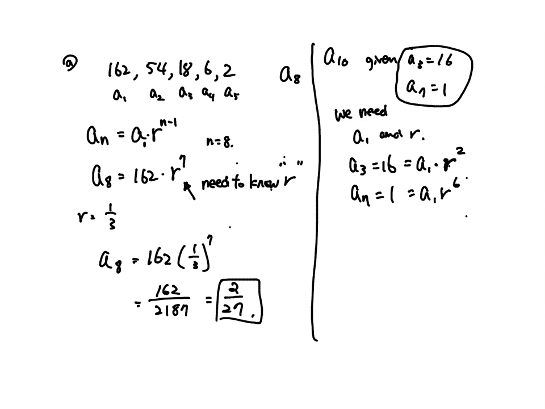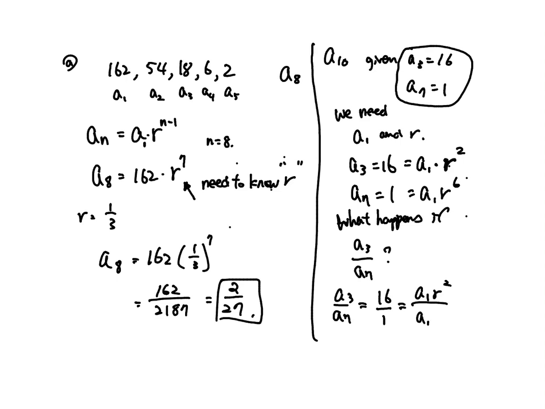So what happens if I have A3 divided by A7? That means 16 divided by 1, that means A1 r squared over A1 r to the 6. Check this out, we can actually do a lot of work here.